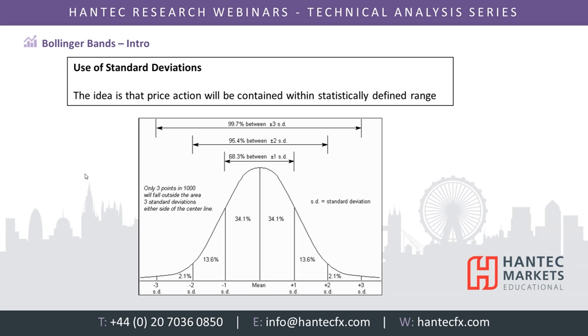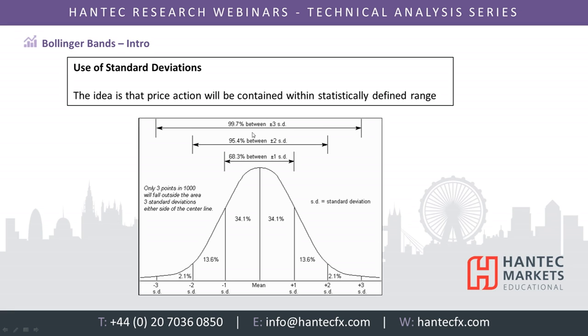They use a moving average and calculate standard deviations around that moving average to encompass the price action that we're seeing. Now, as you can see on this bell curve chart here, 95.4% of price action theoretically should stand between the two standard deviation limits on the bell curve.